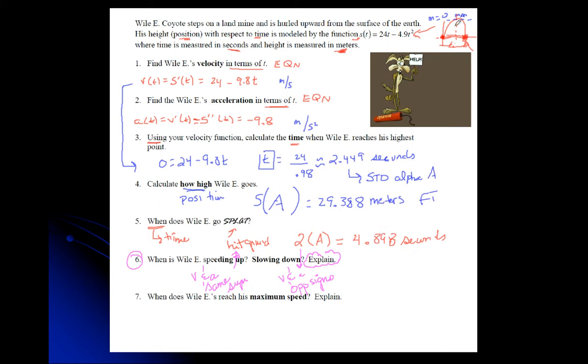And again, I know what this parabola looks like without calculus. I know that I'm increasing, but my slope values are getting lower on the first part of the parabola. So from time 0 to time A, and I defined A, by the way, to be 2.449, so I can just keep writing A. Velocity and acceleration have opposite signs, therefore slowing down.